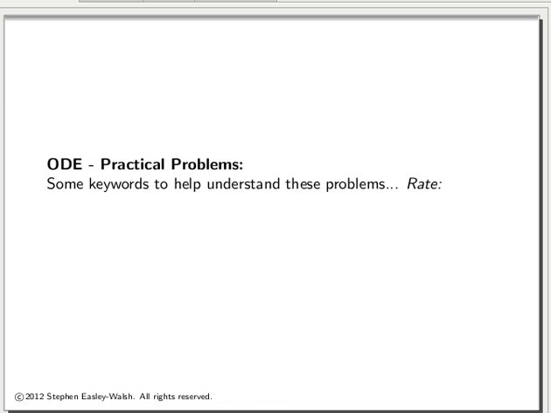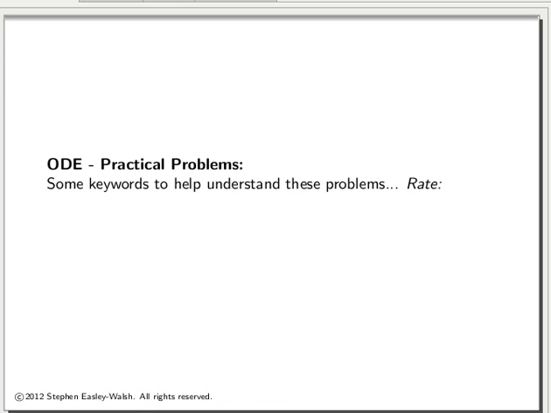You know, how quickly a car is changing its position. Other examples of rates, maybe if you had something leaking, like a bucket, the water was leaking out, how quickly it's leaking out. You would say, the rate at which it's leaking out. Okay, so rate means how quickly something is changing. Do we understand this word?